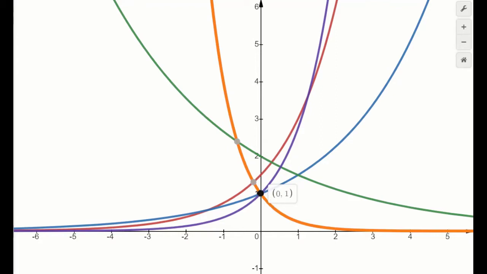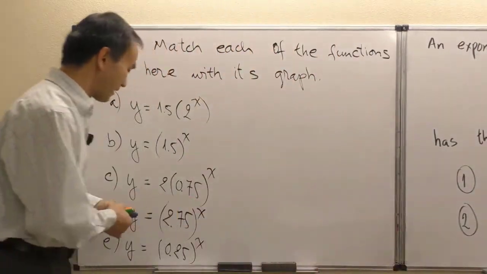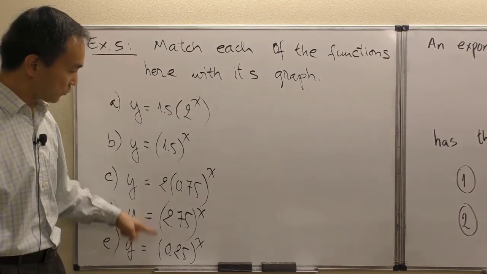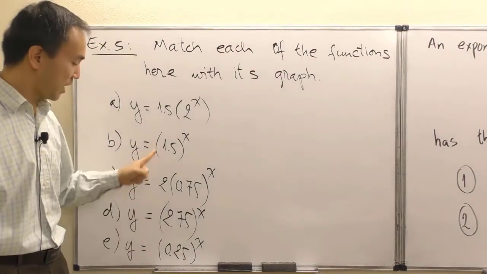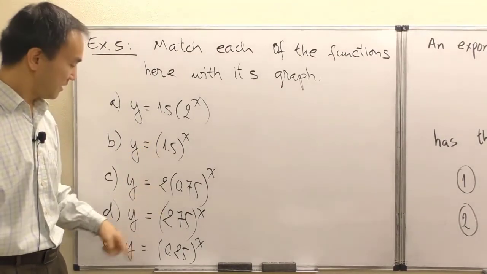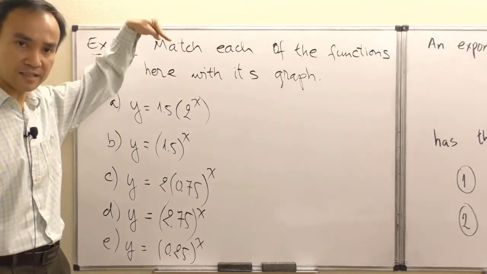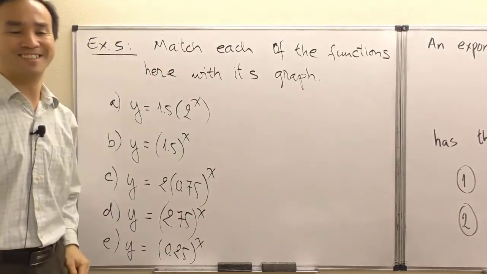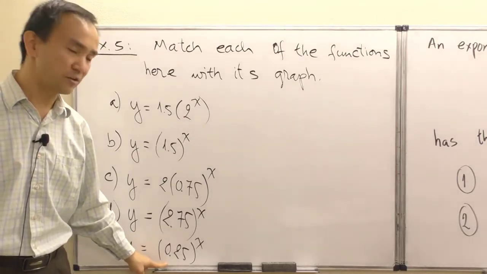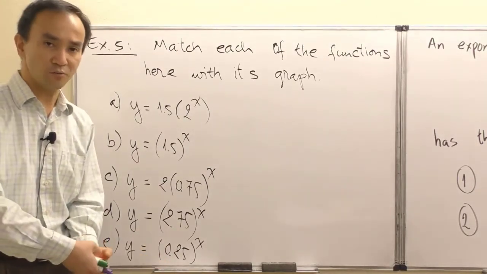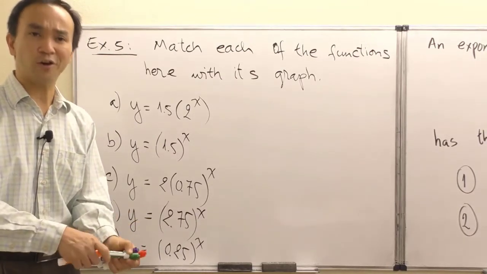Okay, so now on my board, these are the 3 functions where the graphs go through one common y-intercept, 0, 1. And these are all base above 1. This is the only one that has that graph falling from the left to the right. And so this has to be the one in the orange color that I was pointing out earlier. Okay? And again, whichever one that we start out with, you don't have to start out with the orange one first.